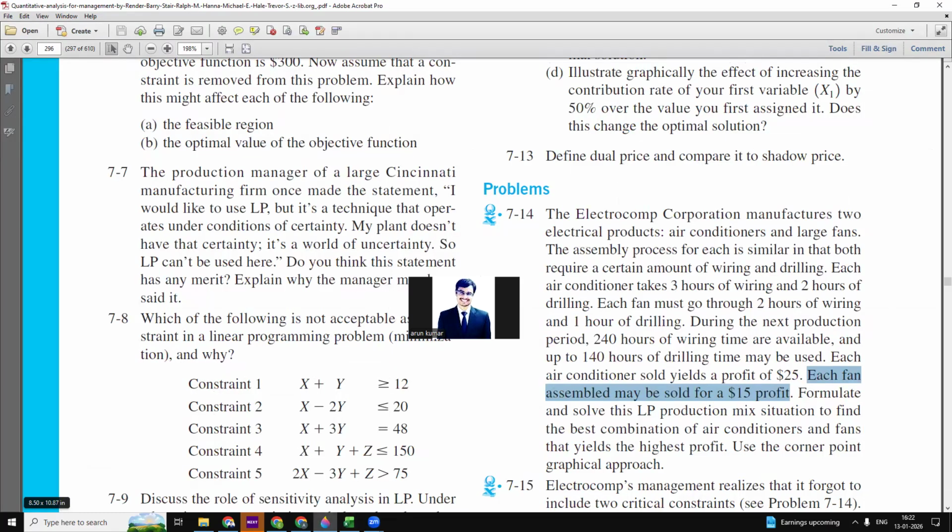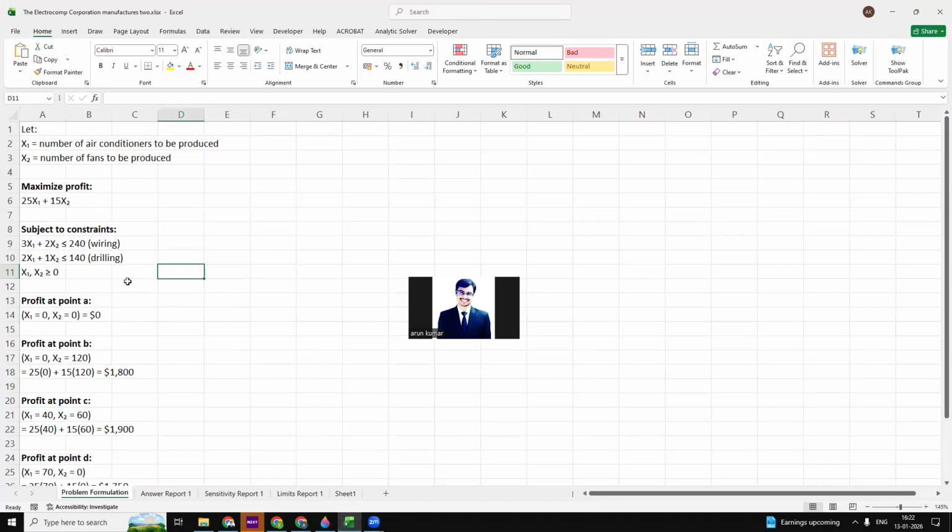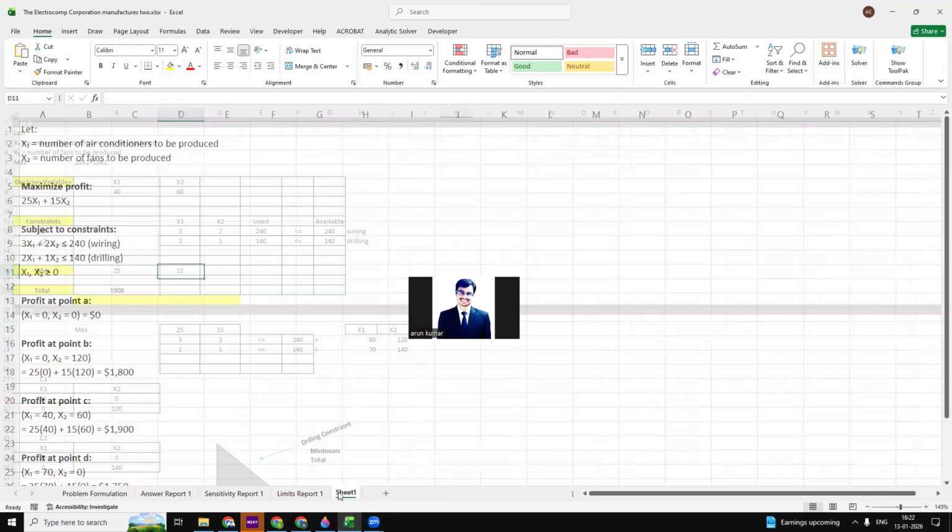I have used the constraints from this paragraph, as they mentioned here, and this is my formulation sheet. Then I used Excel Solver as well.